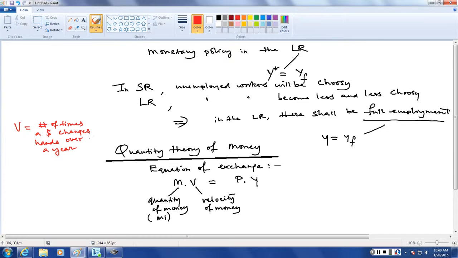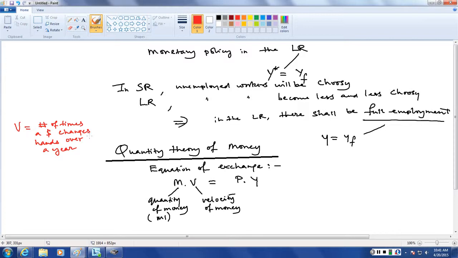Now, let's say this bill changed hands just once. In other words, I have a dollar bill and I buy something from you. So it changes hands just once. Of course, when I'm buying something from you, it means that you have produced that item. In other words, that will imply that real GDP in the economy is $1, isn't it? Or you've produced that dollar worth of goods, which you've sold to me, which is why I've transferred that dollar bill from myself to you.